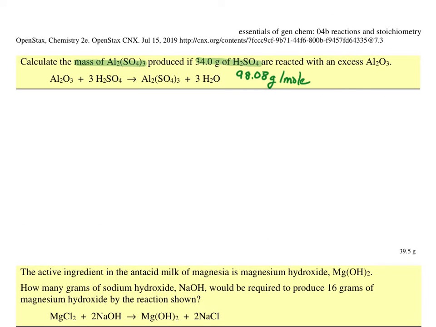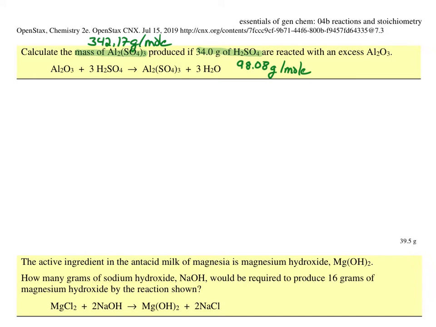has a formula weight of 342.17 grams per mole. We'll start with our measured number that's given in the statement of the question with its unit. So it's 34.0 grams.